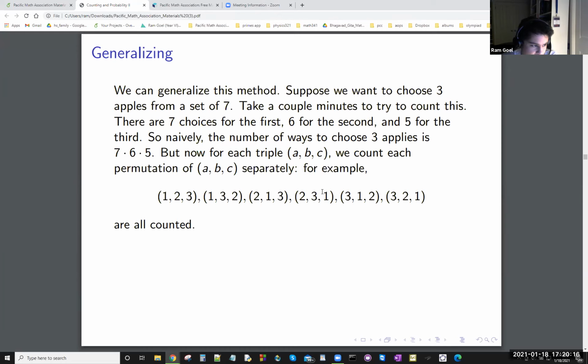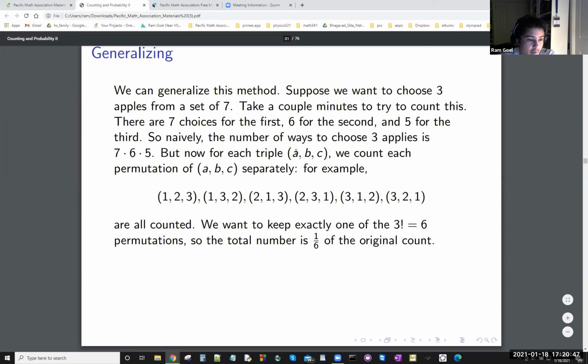Because in that count, we'd say the first one can be a 3, the second one can be a 1, the third one can be a 2. That's perfectly valid. These are all different. We could also say the first one is a 2, second one's a 3, third one's a 1. That's also a valid possibility. And all of these are counted, but we only want to count one of these because these are all the same up to ordering.